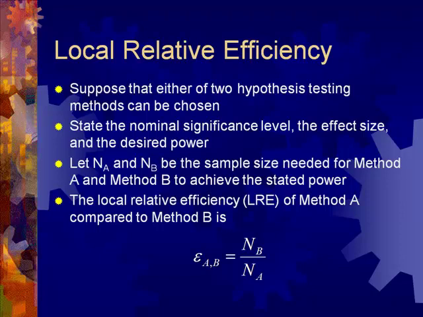If we have a set of data, we would have to estimate what the population distribution is. Then we'd have to set an effect size and a significance level and power and do a sample size calculation using sometimes complex formulas for both method A and method B. So although local relative efficiency can tell us for a specific situation which method is the best to use, it's very cumbersome.